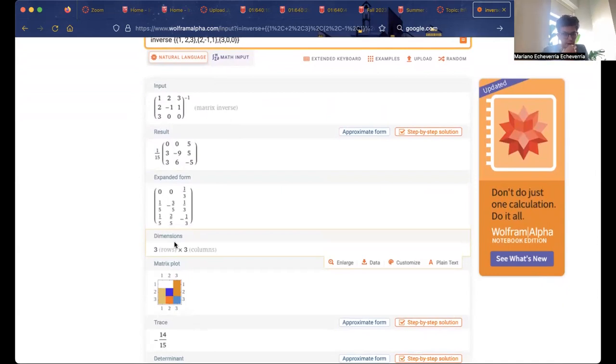Is this the correct inverse? Did I copy something wrong here? 1, 2, 3, 2, -1, 1, 3, 0, 0.